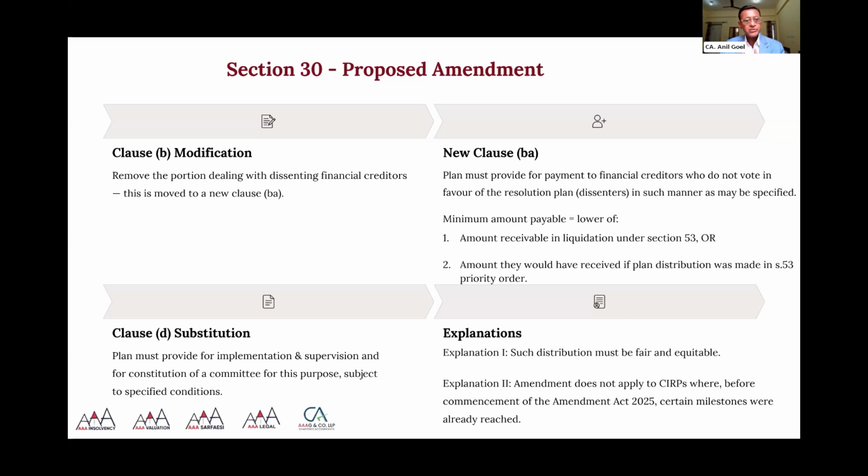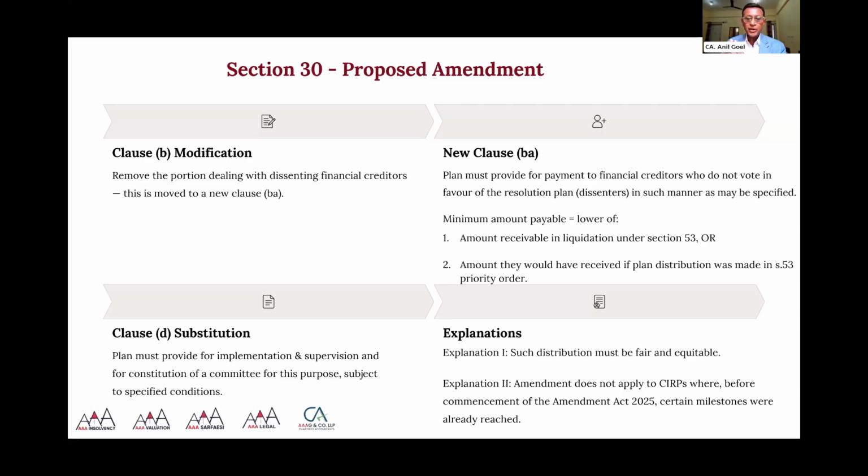What it says now is that the dissenting creditor will receive the lower of the amount receivable in the liquidation under section 53, or the amount they would have received if the plan distribution was made in section 53 priority order, whichever is least. So that means there is a disincentive to the dissenting creditors.